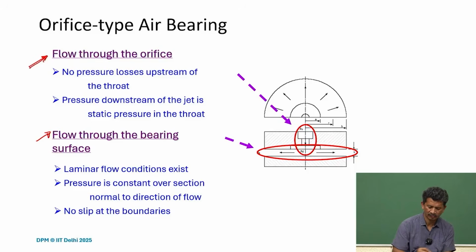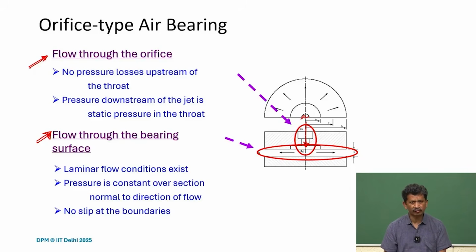That's the first part. That's how it flows. And second is the flow through the bearing surface. So first, this is the flow. We are talking about this area only. And the second is the flow through the bearing surface.